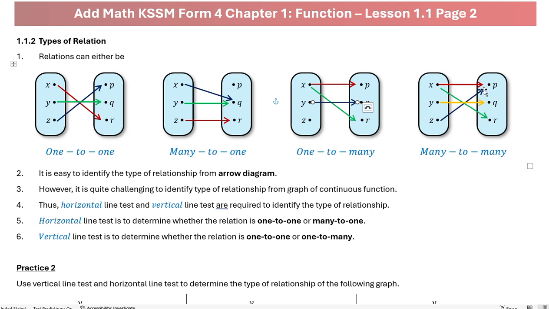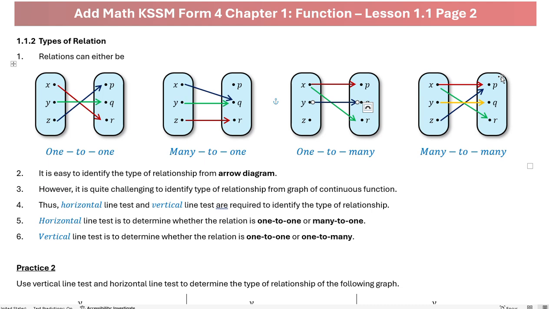So we've got all of them: 1 to 1, 1 to many, and many to 1. Once we've got all of them, the relation is many to 1. Right. So again, it's very simple to identify the type of relation by looking at an arrow diagram.